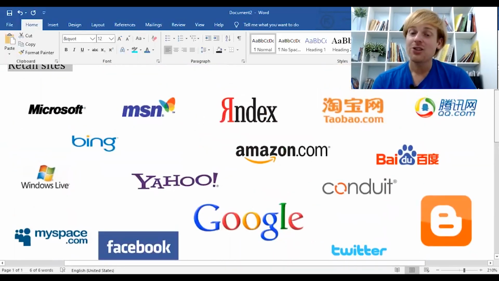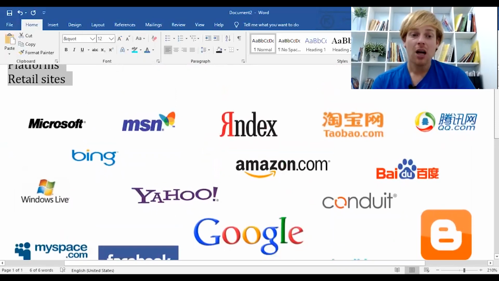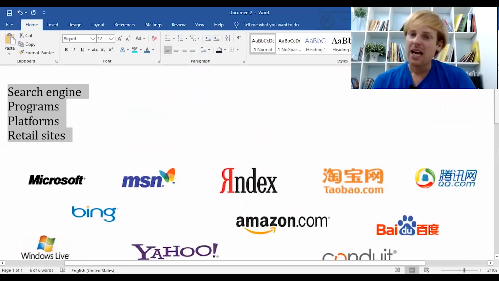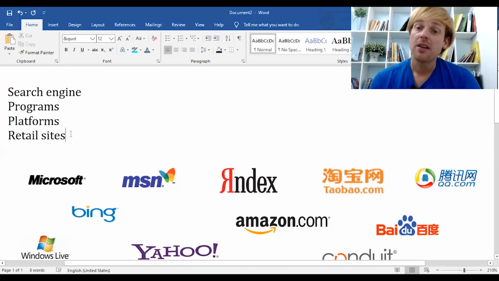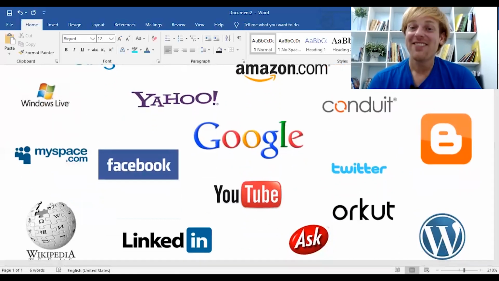Okay. But just like yesterday when we were talking about logos, all of these major companies have very clear, colorful, memorable logos. Okay. So again, general categories, we can talk about search engines, programs, software, social media platforms, retail sites, online resources, all of this terminology. So again, one last look at our logos. We'll end right there. Okay, very good.